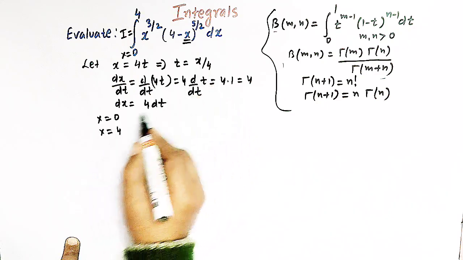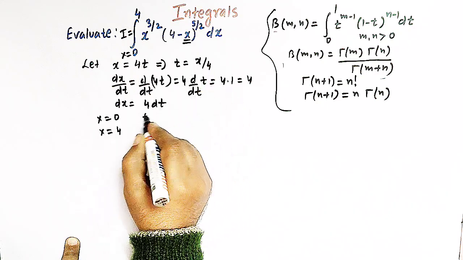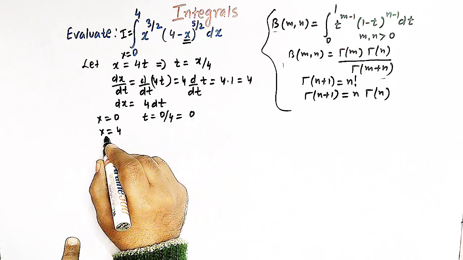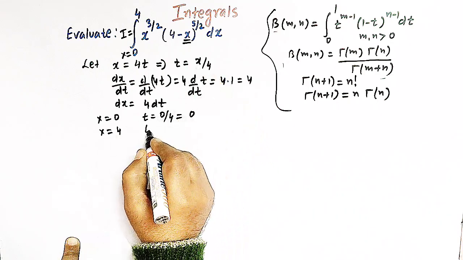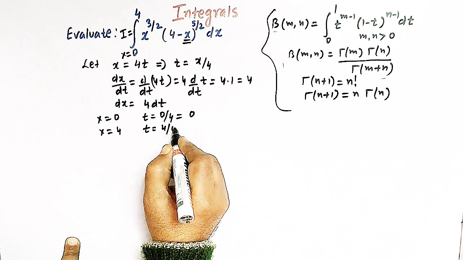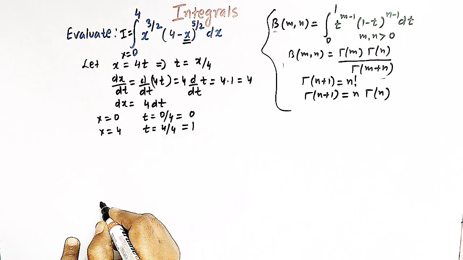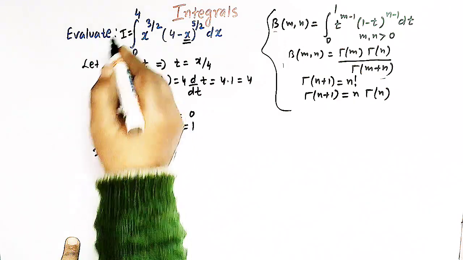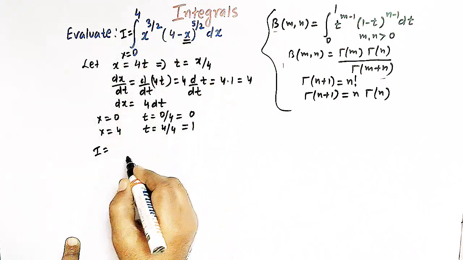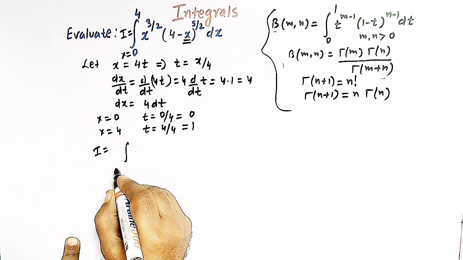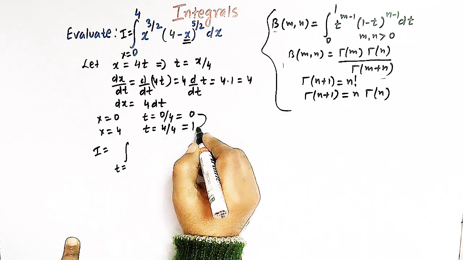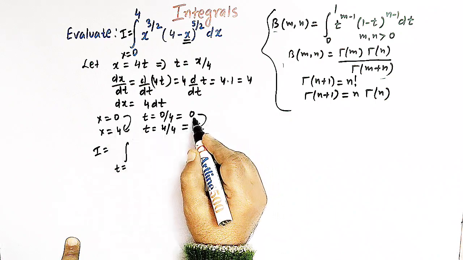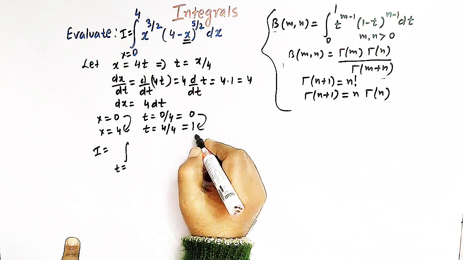When x is equal to 0, t is 0 over 4, that is 0, and when x is 4, t is 4 over 4, that is 1. So now let us write this integral I in terms of t. We can write the limits from 0 to 1, because when x changes from 0 to 4, t goes from 0 to 1.